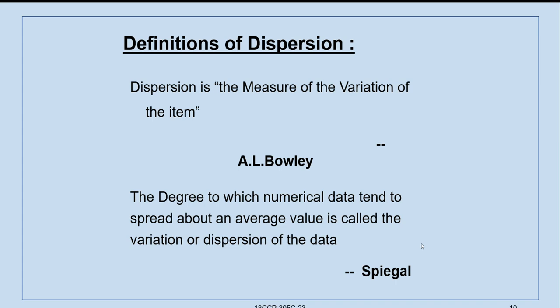The degree to which numerical data tend to spread about an average value. About an average value means, and you have to understand it very clearly, that the average value always lies in the center. And the deviation from the average value with the actual data, I think you remember the deviations we have taken in arithmetic mean. The same deviations we are talking about here is called the variation or dispersion of the data.